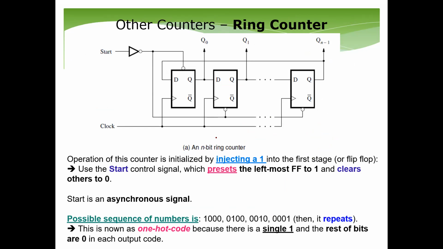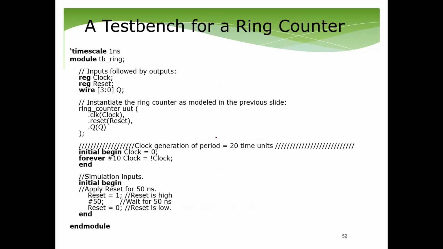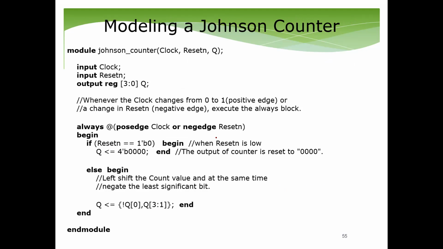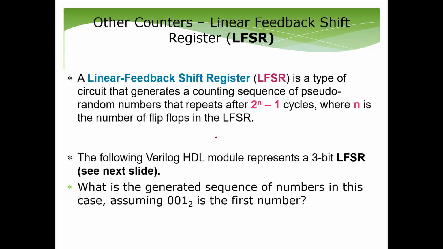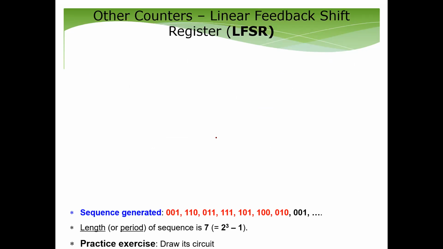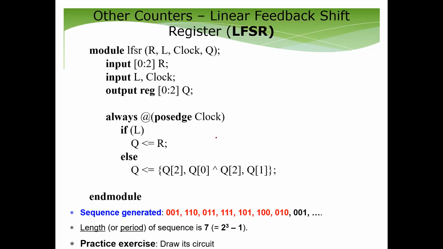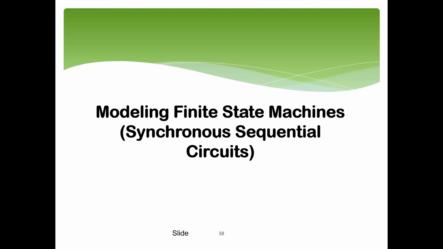Okay, we have 3 more counters to go, which are the ring counter, Johnson counter, and the linear feedback shift register. I'll move this to the next class because we spent some time on the code that we did last time.